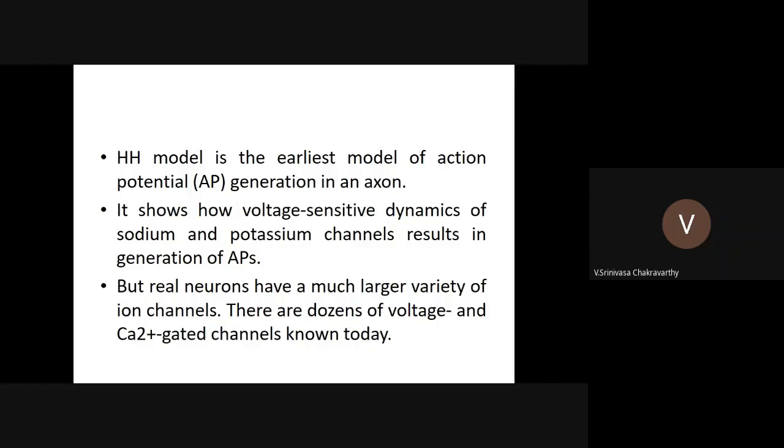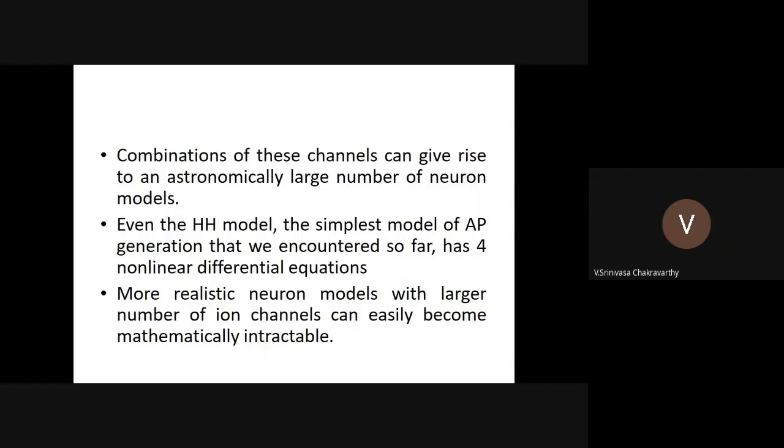You'll have a whole zoo of neuron models, but that doesn't give you any insight about what is a basic, fundamental neuron from which you can derive other things. It becomes very empirical and non-standard. The combinations of these channels can give all sorts of neuron models, and therefore there's a need to simplify the neuron model and come up with something fundamental.